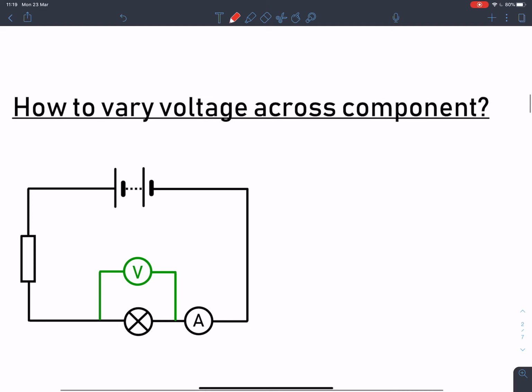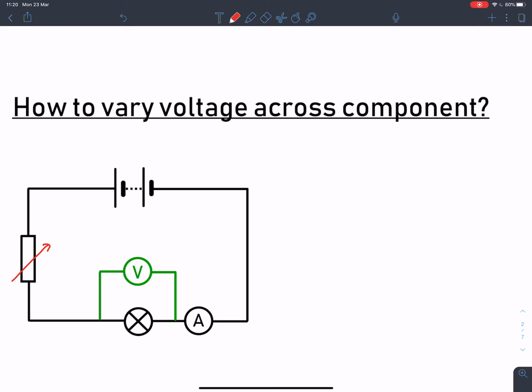So what could I do? Well, given I've got a resistor in this circuit, one thing we might want to do is to make that a variable resistor. So that would allow me to change the voltage across that bulb as they share that voltage. So that's all well and good. The problem is this will not allow me to get a full range of voltages.